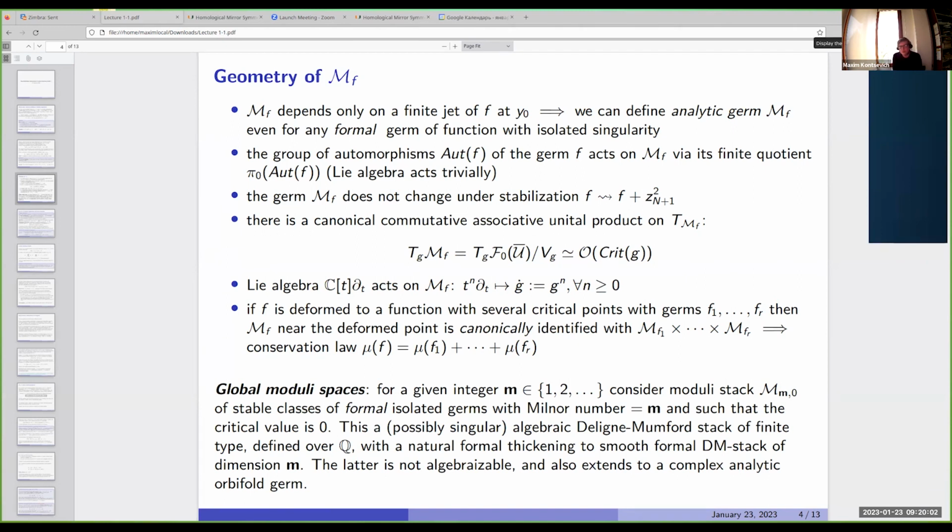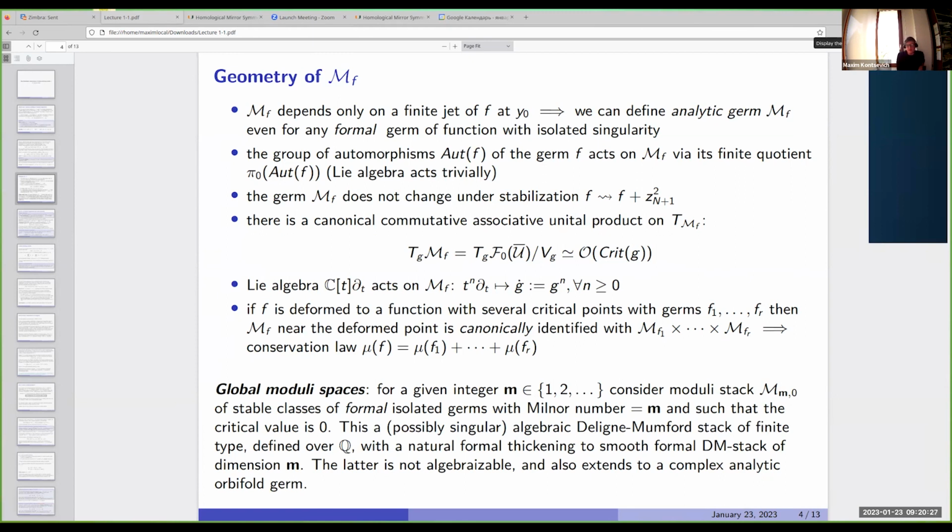What you get is actually the algebra of functions on the critical locus of the deformed function. So it's a finite dimensional commutative associative unital algebra. So every point carries a commutative associative unital algebra. It's a main feature. And the next one is that you get a countable dimensional algebra of polynomial vector fields acting on this.